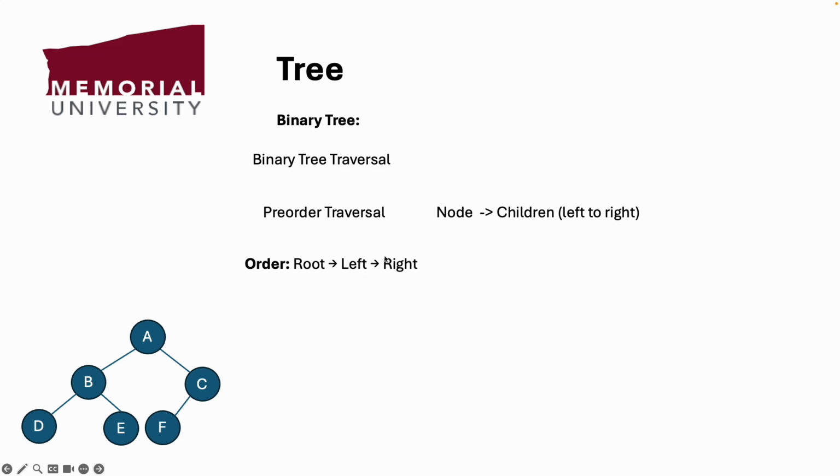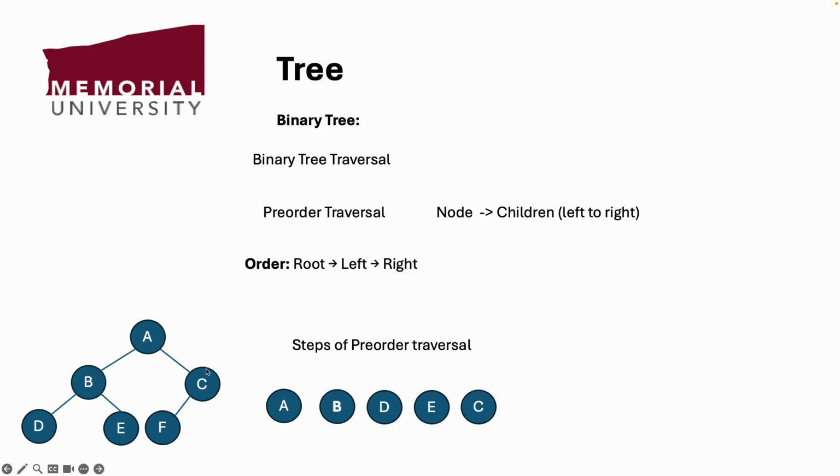For example, look at this binary tree. Let's go through the steps of the pre-order traversal for this binary tree. First, we go with the root, A, and then we go to the left, B. Okay, B also has children. We go with the left child D, and D has no children, so we go back to visit the right, E. E doesn't have any children, so where do we go back to?